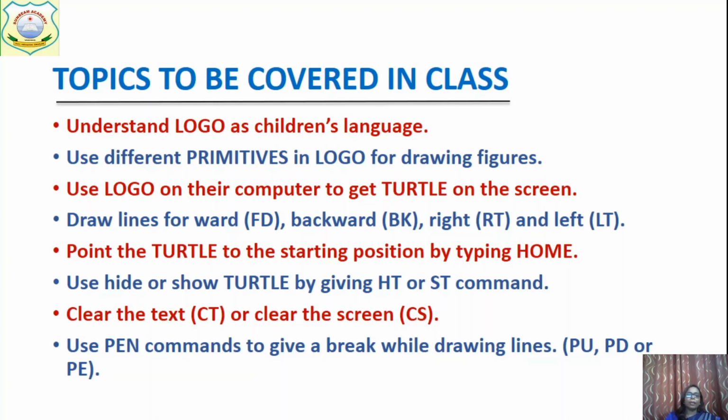Okay, now to clear the text we have CT, to clear the screen we have CS, and use pen commands to give a break while drawing lines: pen up, pen down, and pen erase, PE. Just have a look, take a few seconds to read this, then I will move forward.